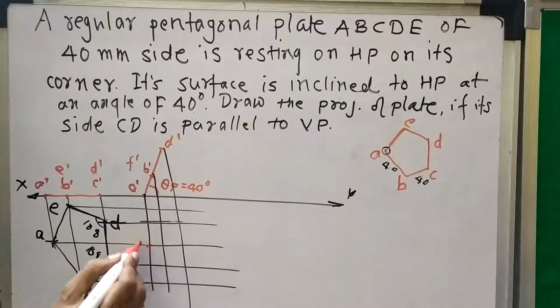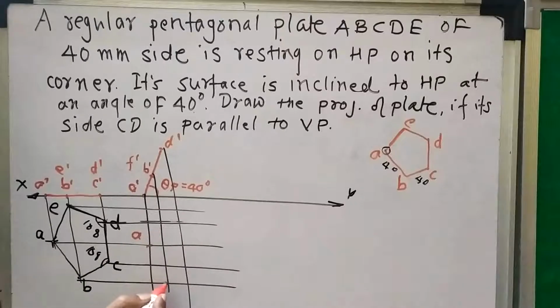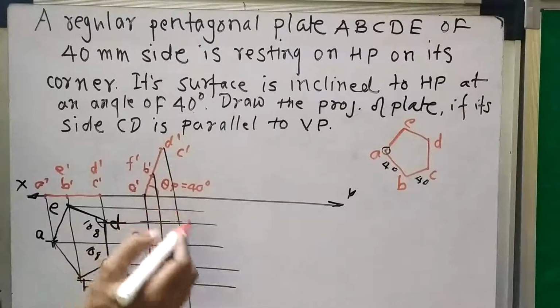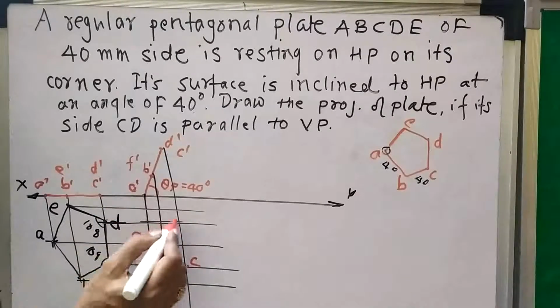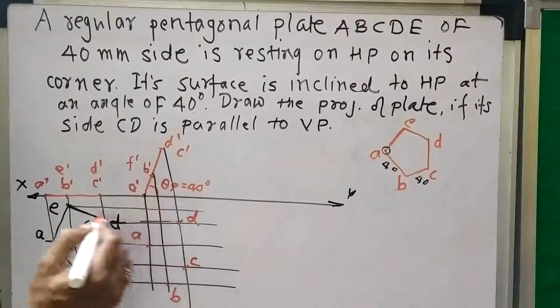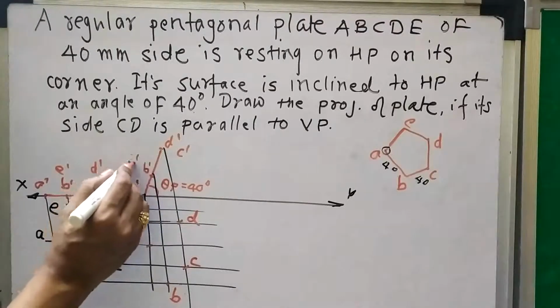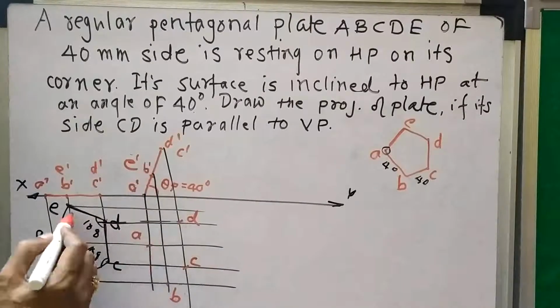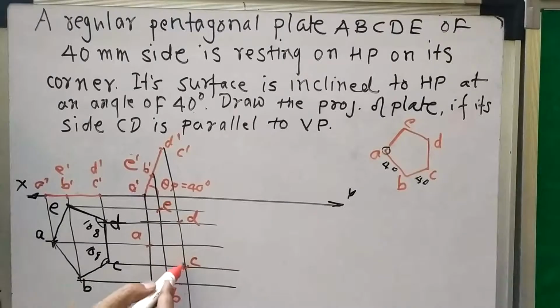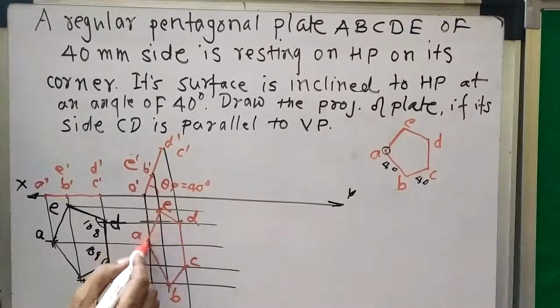So A with A, B with B, then C with C, D with D, and this is B and E. This E with this E. So I got A, B, C, D, E. So I will join this. So I got this as a top view, right?